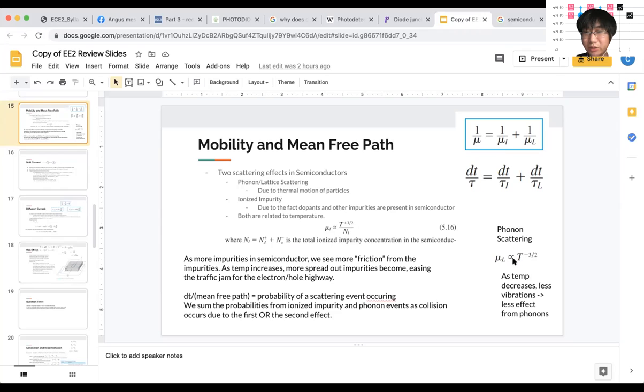As temperature decreases, there are fewer vibrations, so less effect from phonons.